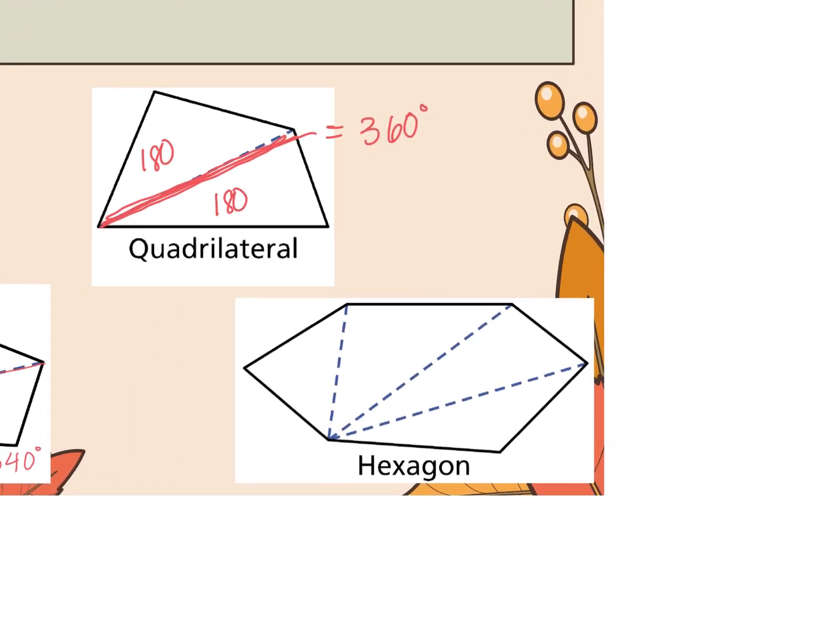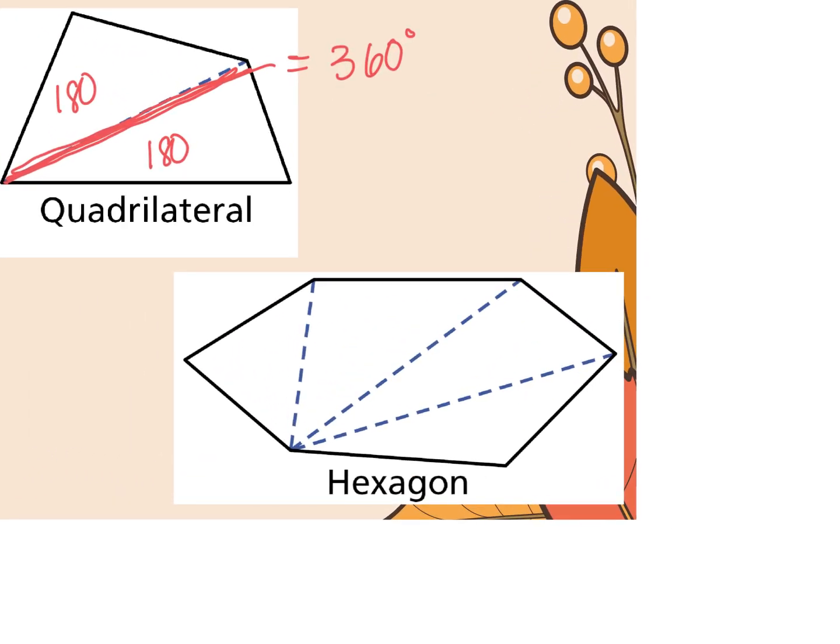So by knowing that, looking at my hexagon, drawing my triangles, I have 3 diagonals, which gives me 4 triangles.